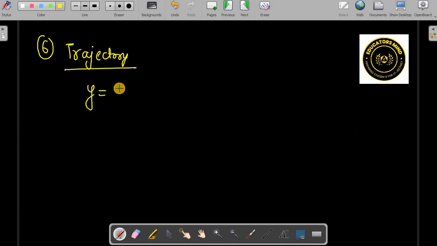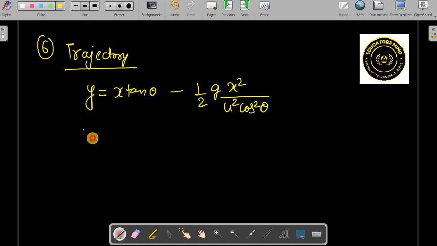Trajectory equation we have seen: y is equal to x tan theta minus half g x square by u square cos square theta. Now this can also be written as x tan theta, if you take it common, it can be arranged and it will become x, and it will become R. You can just check that.